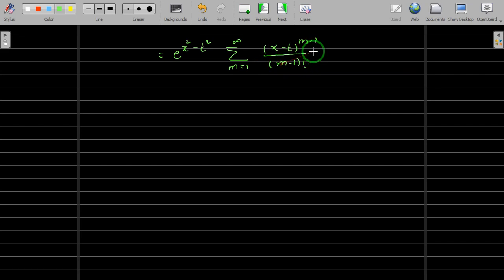Now in this case you can check whether you are getting some standard function. Now here if I notice, I can write this as summation m from 0 to infinity, (x minus t) raised to m whole divided by m factorial.